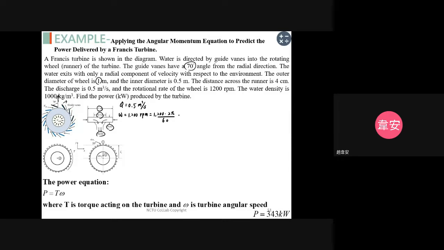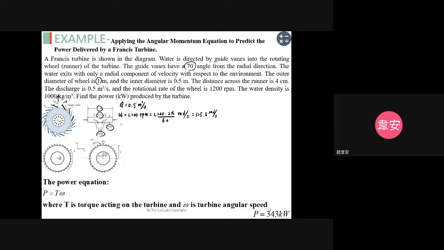So the unit will become radians per second. Using the calculator, 1200 multiplied by 2 multiplied by pi, divided by 60 seconds, so it's around 125.6 radians per second.